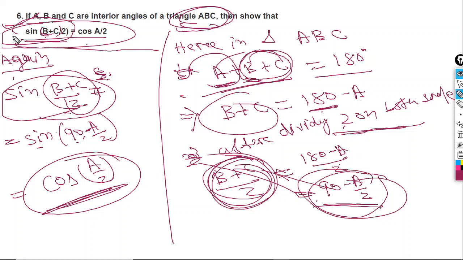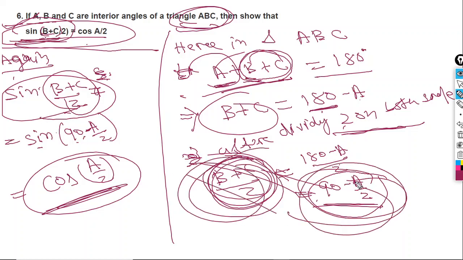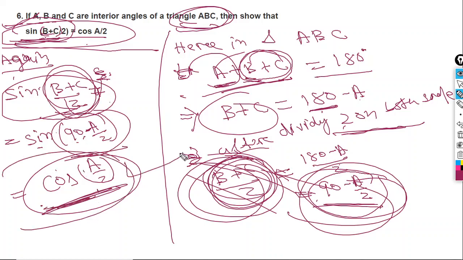Then we come to the question sin (B plus C) by 2. Instead of B plus C by 2, we wrote 90 minus A by 2. And we know that sin (90 minus theta) is equal to cos theta. So we write that equal to cos A by 2. So hence proved.